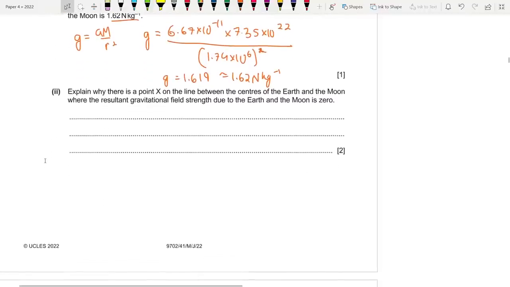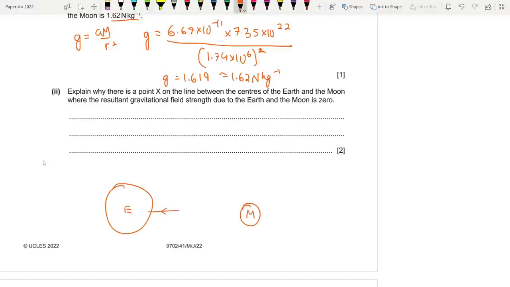So basically, if this is the Earth and this is the Moon, for gravitational field lines, the field lines are always directed radially inwards, right? So the neutral point, or the point where gravitational field strength is zero, should be closer to the moon.